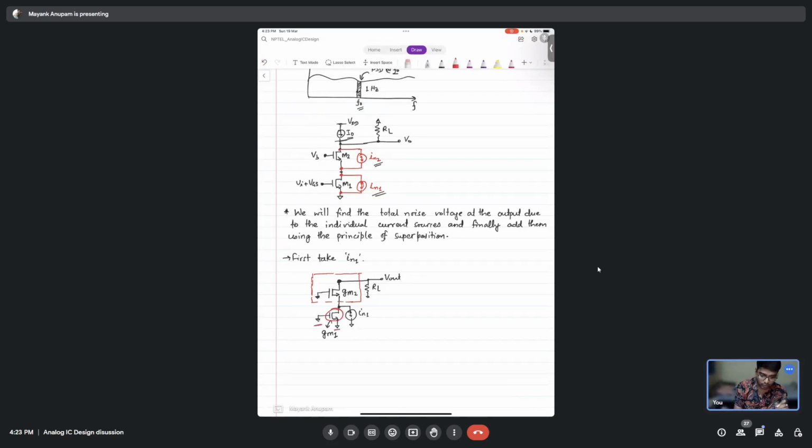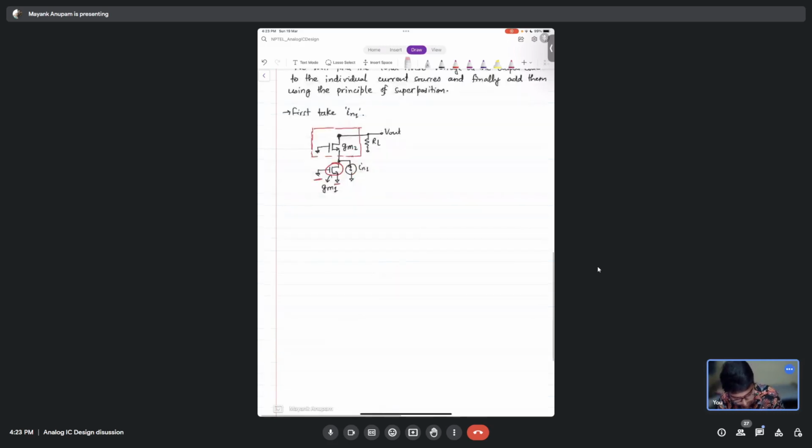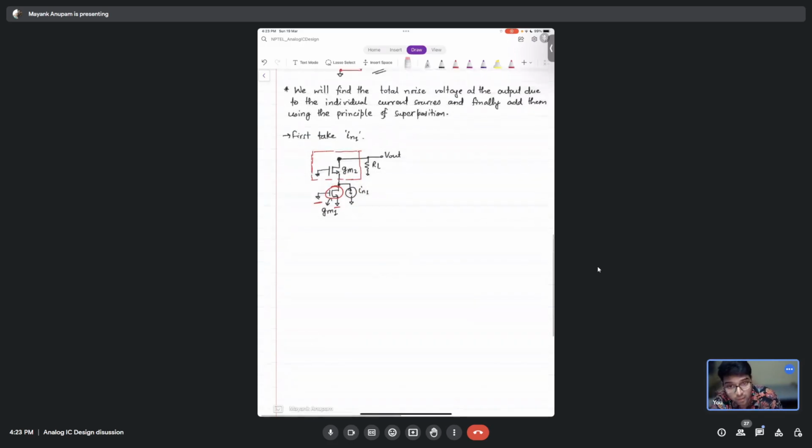So its output current will be zero, isn't it? It will not be contributing any current. Am I right? So people, please be a little attentive here.